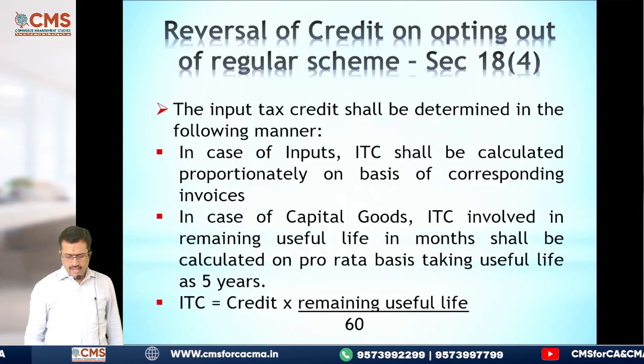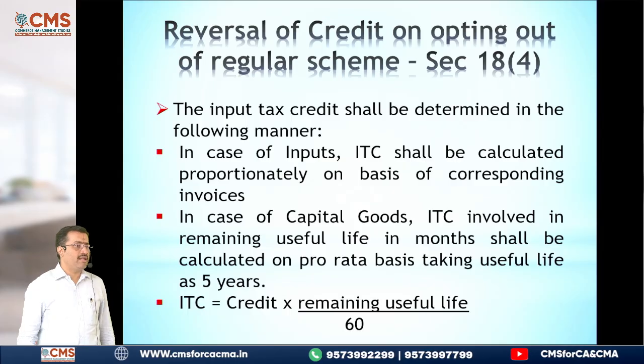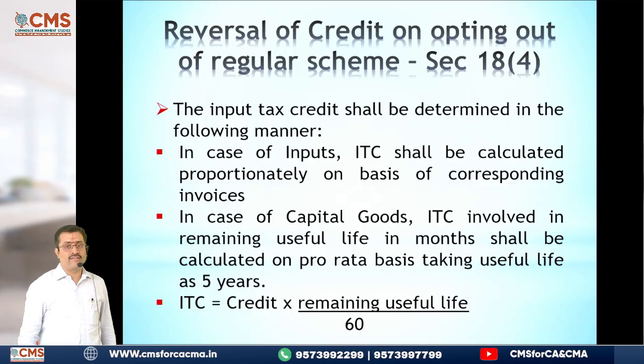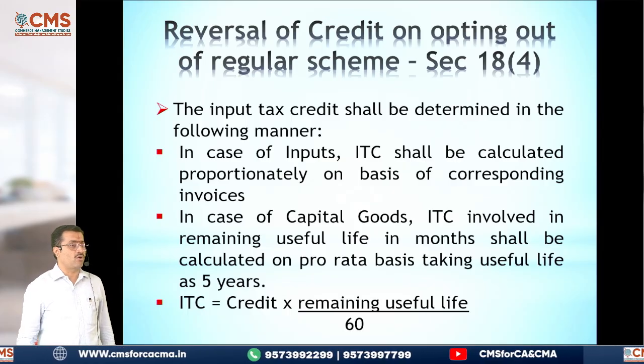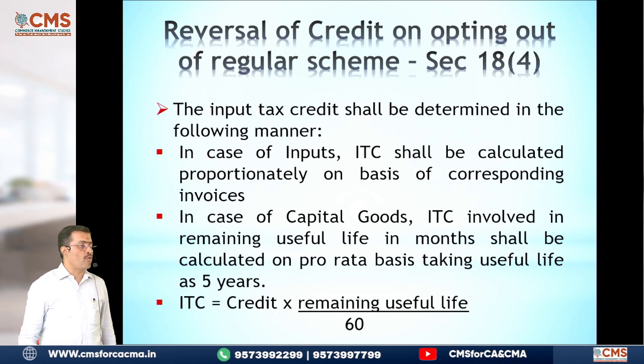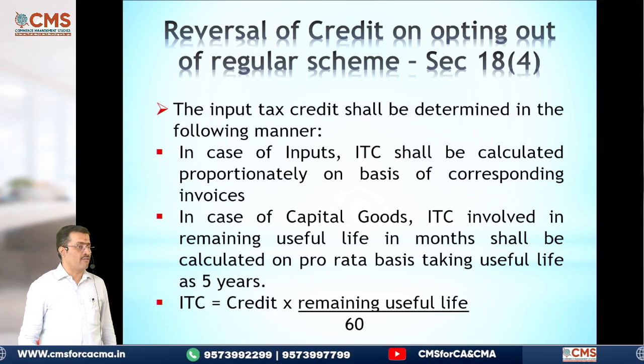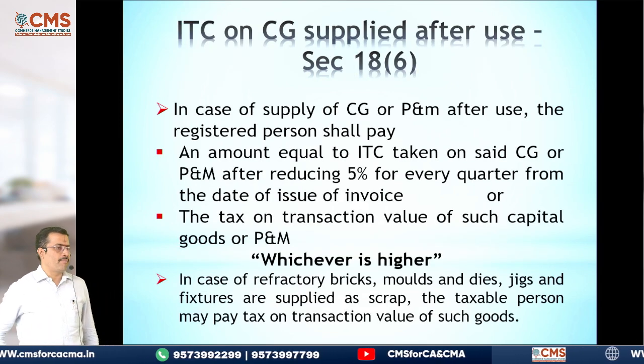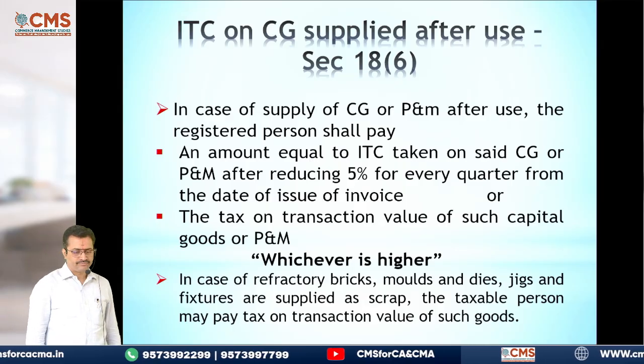Okay. Then some capital goods might be sold as plant and machinery, waste and scrap. Do you remember in your accounts, profit on sale of old plant and machinery we get, or loss on sale of old plant and machinery? Let's see what will happen there. Section 18 subsection 6.